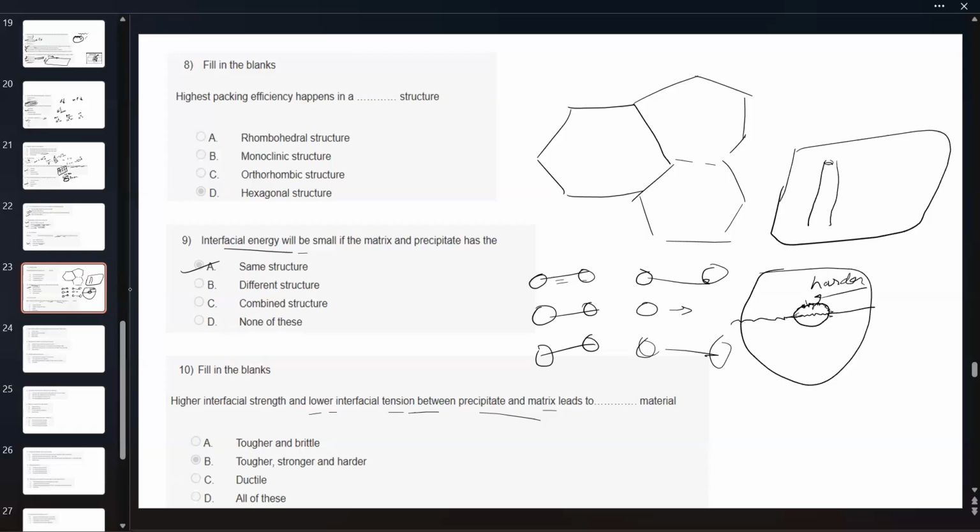Usually this is harder than the matrix, so it will require more energy to break. However, if the interface is weak, the crack would go around the nanoparticle. Their overall material strength is higher in this case, stronger and tougher.